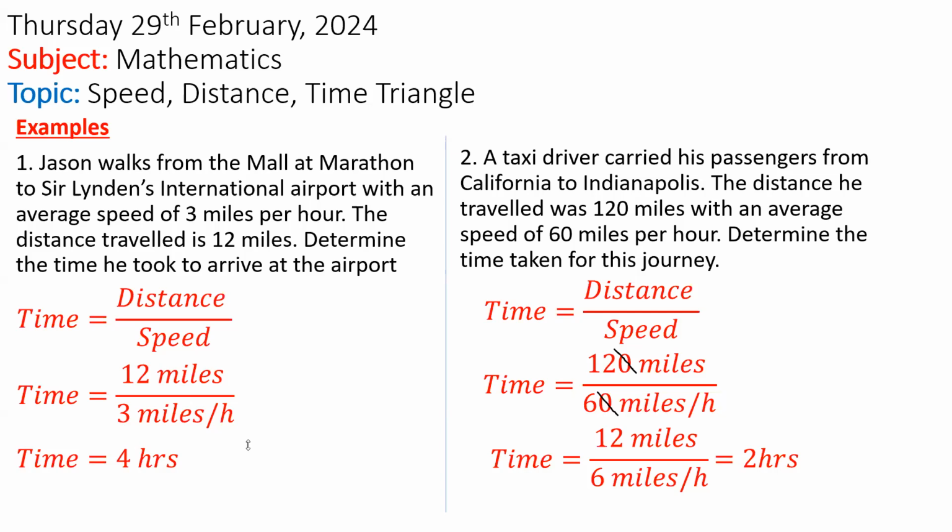Is Kamaya here? Kamaya, are you there? Yes, sir. Good. Can you explain how we got the answer, please? Time equals distance over speed. The distance is 120 miles. The speed is 60 miles per hour.